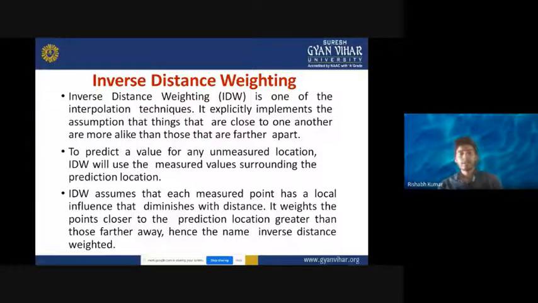To predict a value for any unmeasured location, IDW will use the measured values surrounding the prediction location, right? Your prediction location is the location where we want to find out the data of the variable or the value of the variable. Okay, where we want to find out or estimate or predict the value of the variable, है ना, उसको बोलेंगे prediction location.